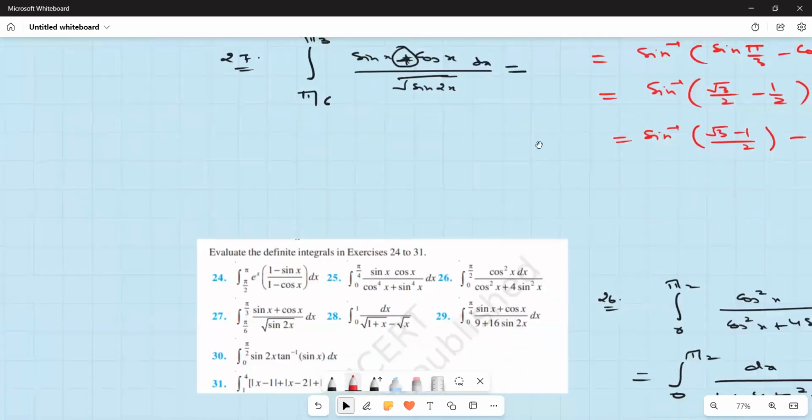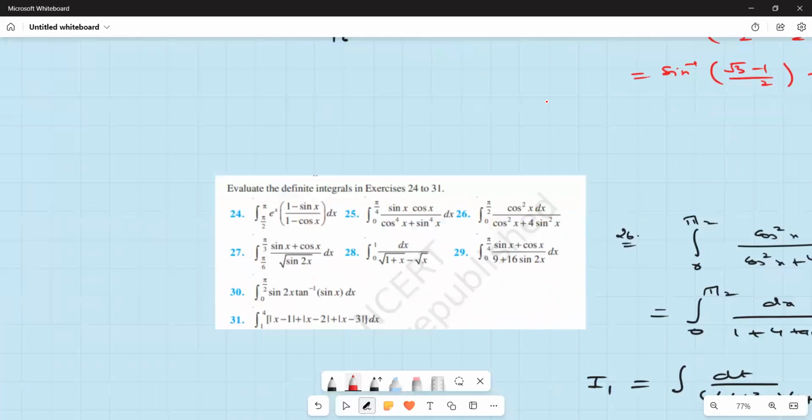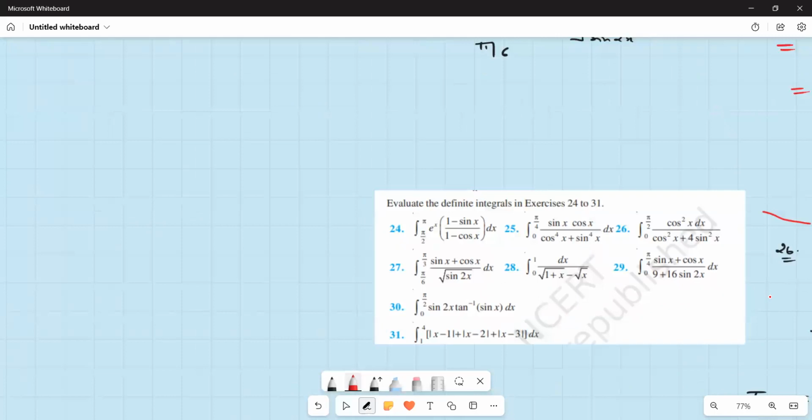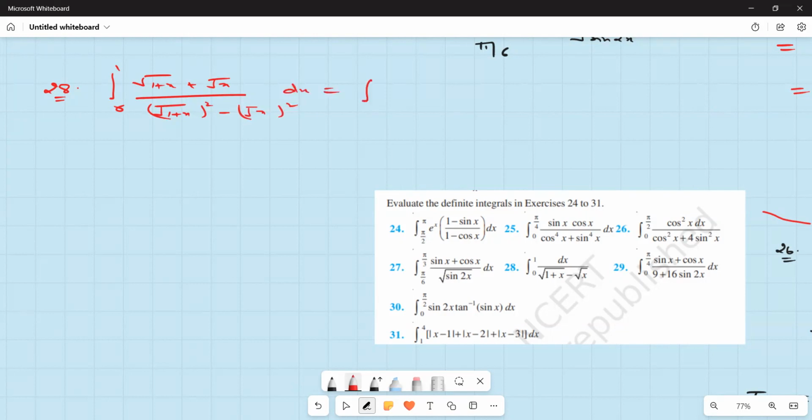Next question is, in this question, rationalize it and then do. Question number 28, 0 to 1. I am rationalizing it: root x plus root x... in the denominator it will be 1 plus x whole square minus root x whole square dx. So that is equal to 0 to 1 root x, 1 plus x, in the denominator it is 1 plus x minus x dx.